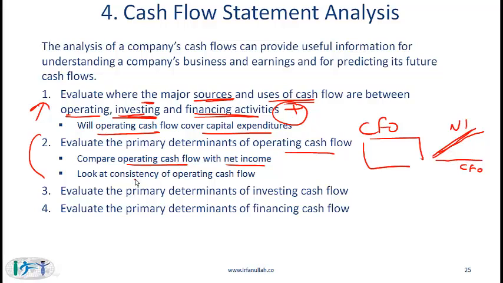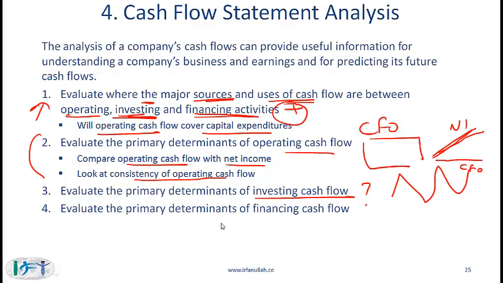We should also look at the consistency of operating cash flows. If cash flows are up and down a lot, that would suggest relatively high risk in this business. We can evaluate the primary determinants of investing cash flow. Now, if a company is getting a lot of money because it is selling its equipment, then that will raise questions about the company's future ability to generate cash.